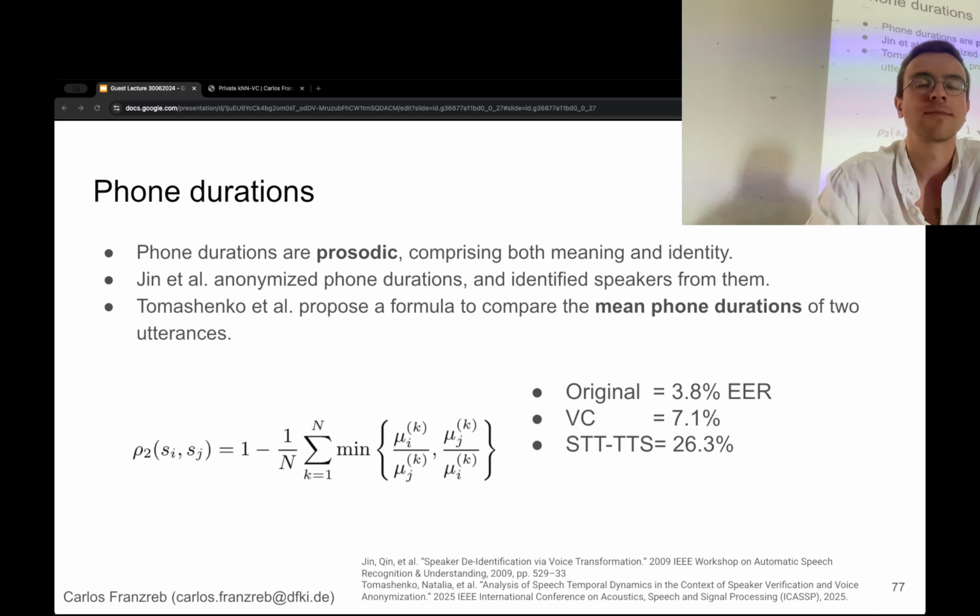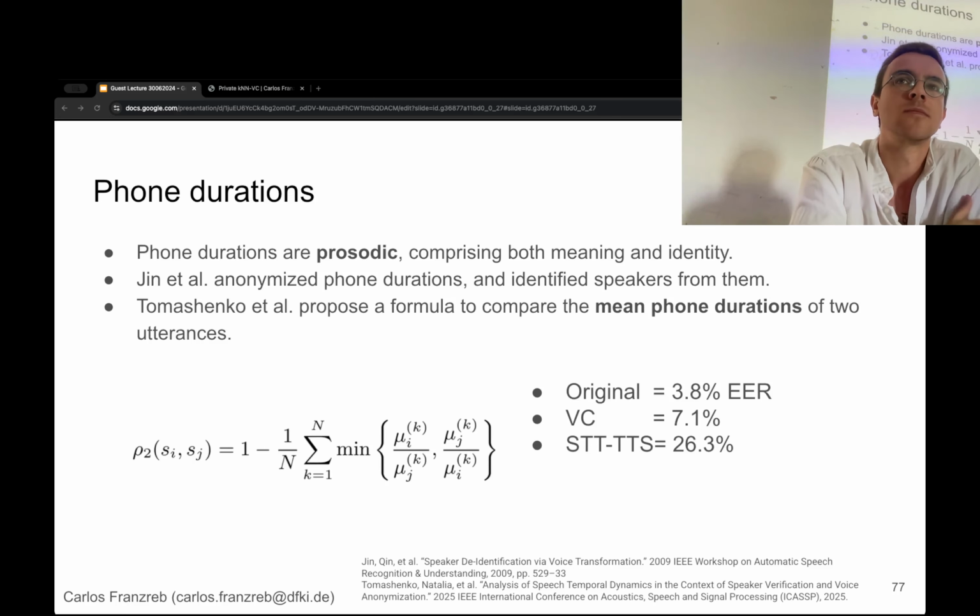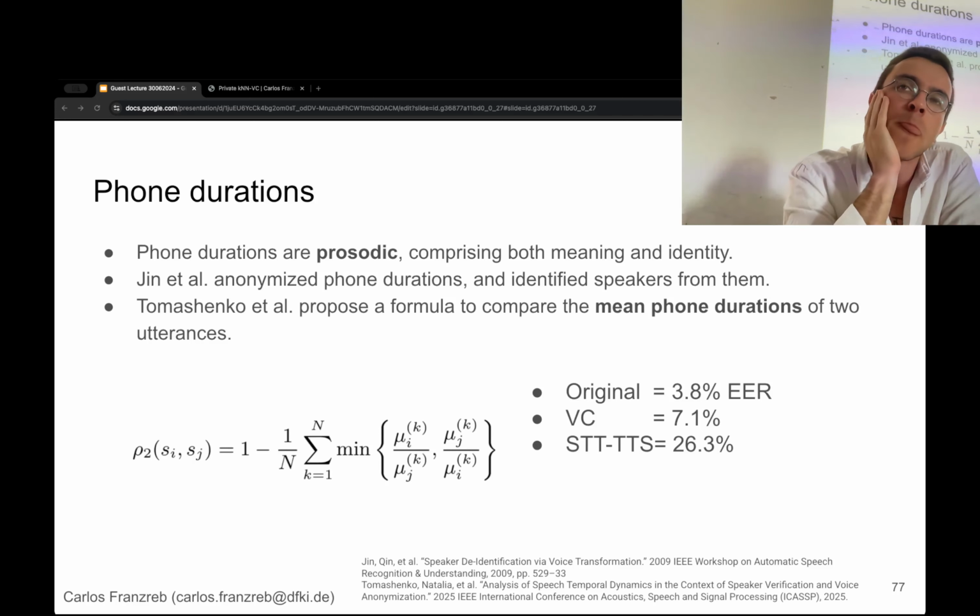Yes? What you could also do is, you can usually trigger TTS systems in order to generate a certain type of prosody. So when you have basically recognized the speech with the speech to text, you could not necessarily go to the grapheme level, but also to a phoneme level with the phone durations, and then obfuscate the phone durations in a targeted way.